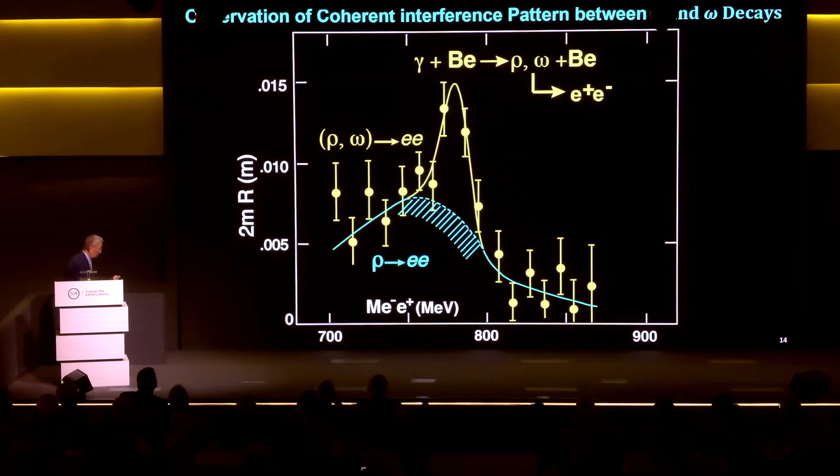So in our experiment, the first experiment is we measure the rho-omega interference, and this is our measured data. It agrees with the rho-omega interference, and does not agree with the rho to electron-positron alone. So photon and heavy photon are exactly the same.